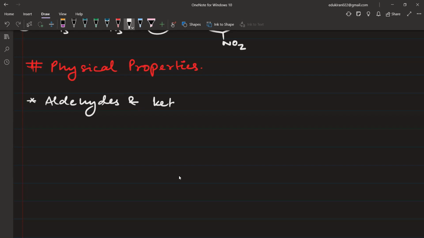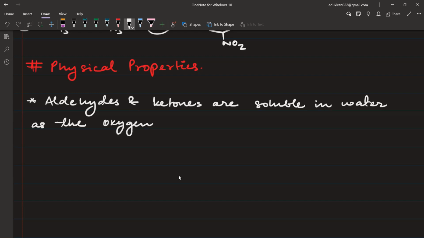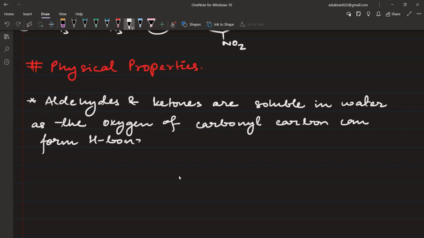Aldehydes and ketones are soluble in water as the oxygen of carbonyl can form hydrogen bonds with hydrogen of water.